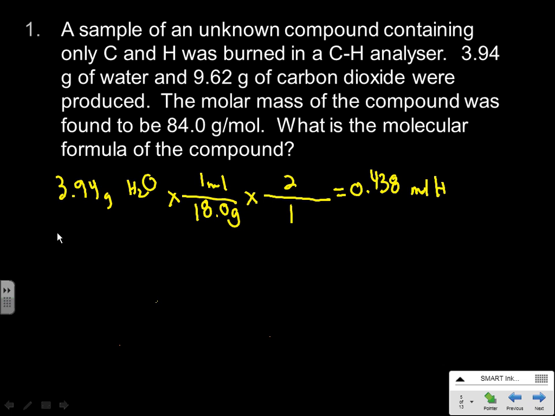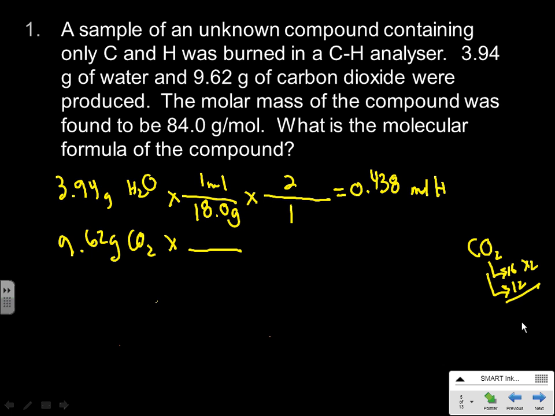0.438 moles of hydrogen. And we will do the exact same situation except now with the carbon dioxide, 9.62 grams CO2. CO2 is another one of those molecules that we use over and over again. If you haven't done that for a while, 16 times 2, plus 12.